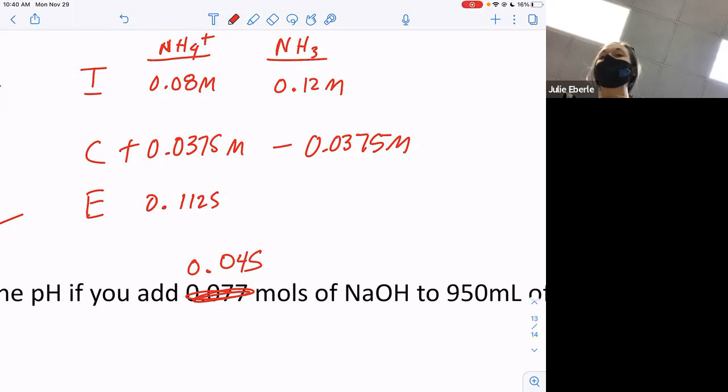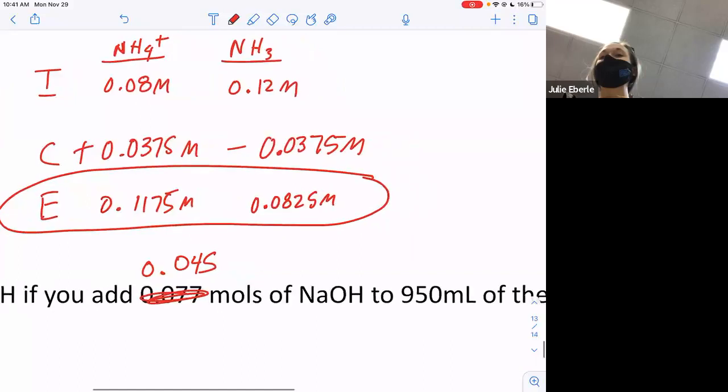Yeah, sorry, 11 and then 75. There we go. And then the 0.12 minus, what'd y'all get? It's like 0.08 something. There we go. So our concentrations have now changed.